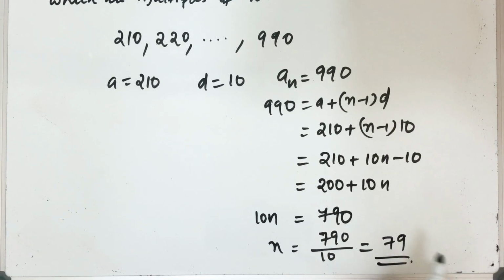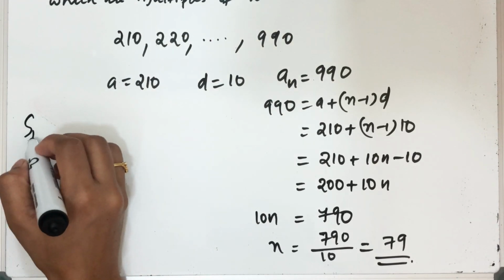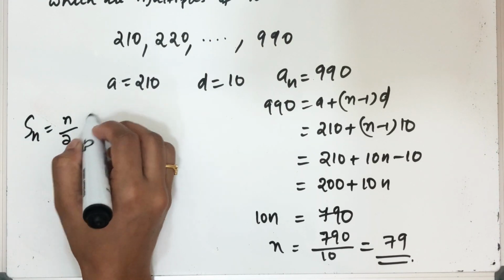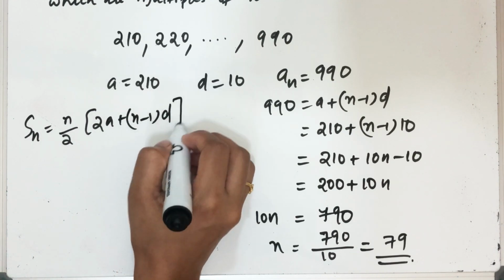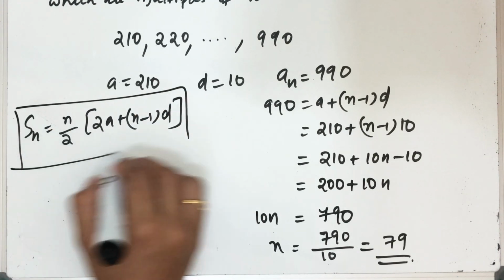So we have n. Now we have to find the sum to n terms. Sn is equal to n by 2 into, we have the formula, 2a plus n minus 1 into d. For an arithmetic progression, Sn is this one.